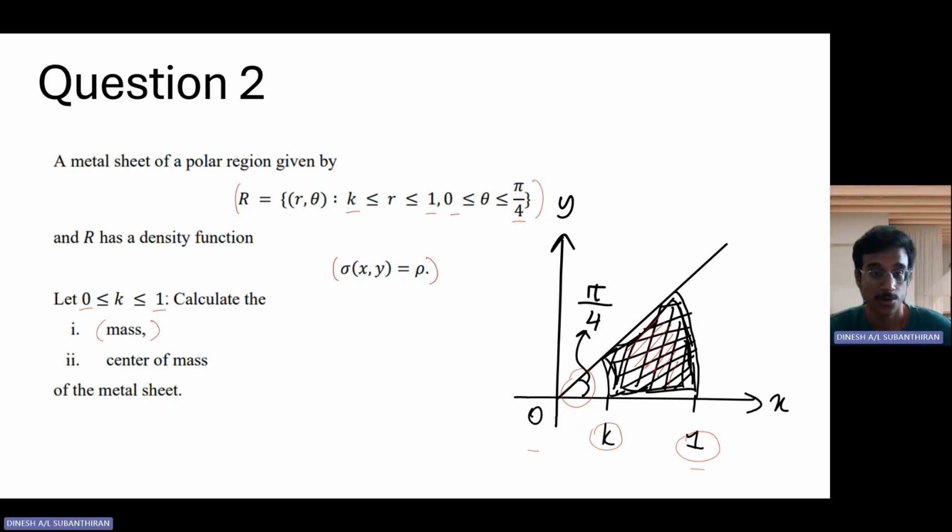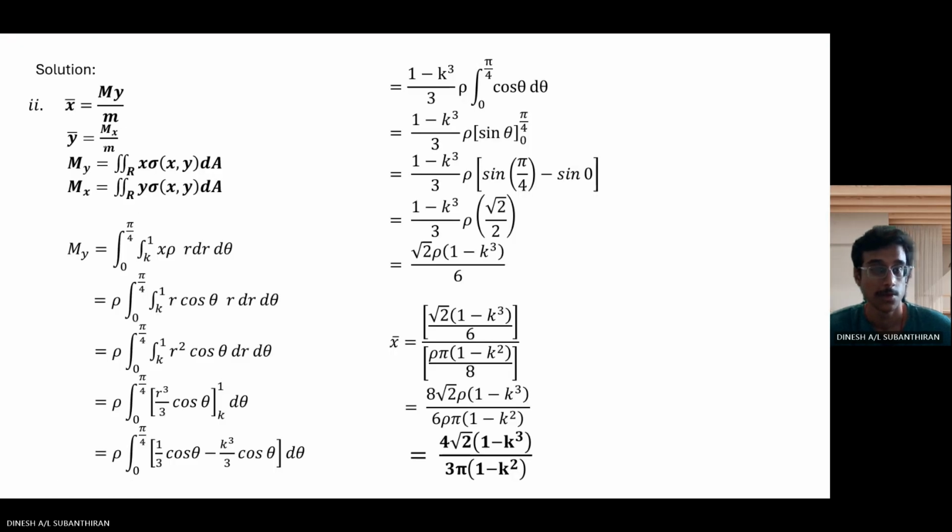So now I'm going to explain the solution of center of mass of the metal sheet. To find the center of mass, first we need to know the My and also Mx, and after that we have to find the center of mass of x position and also center of mass of y position.